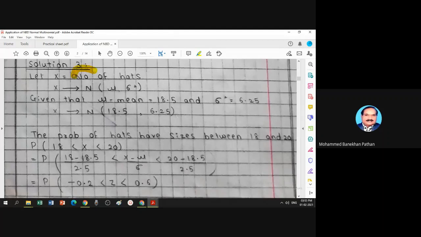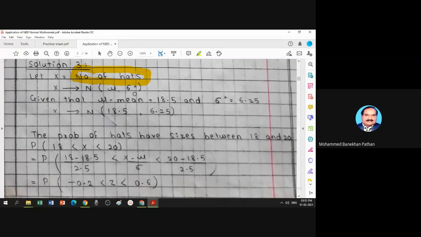So make a correction in your variable. X is a measurement, size of hats in centimeter. It is given that X follows normal with parameters mu, comma, sigma square.